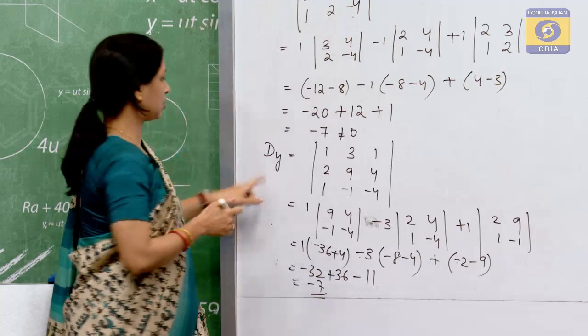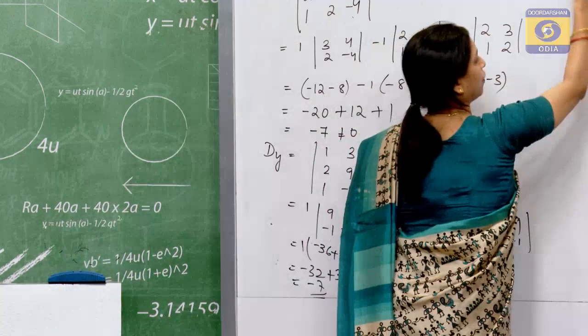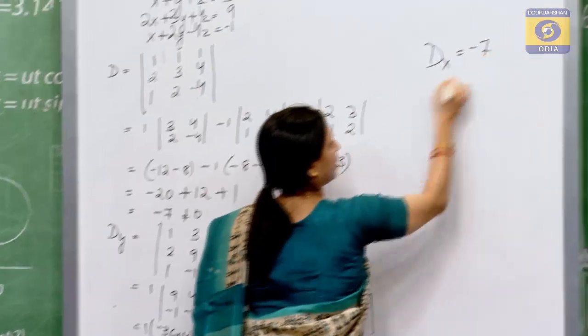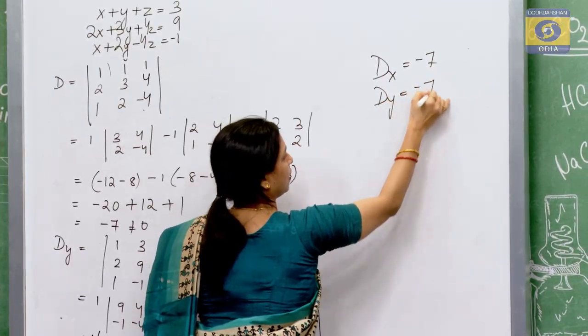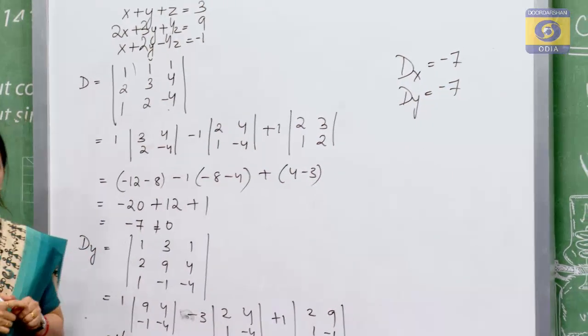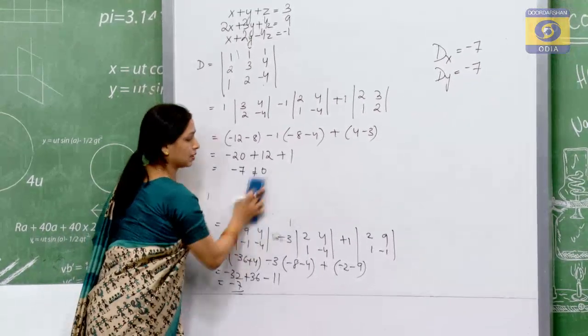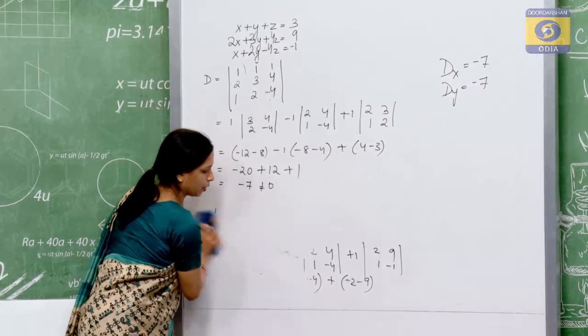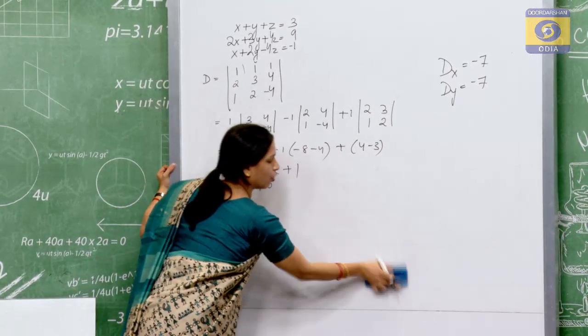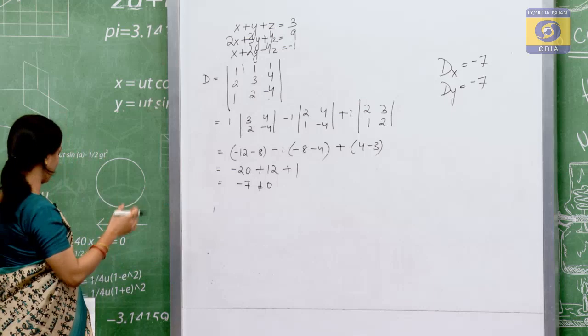Okay. So now we have got two values so far. The dx value is minus 7, the dy value is minus 7. Now, we have to find out dz. Again the same series of steps we have to follow. We have to substitute the coefficient of z with the known values.